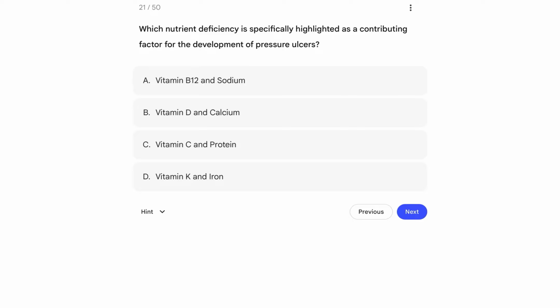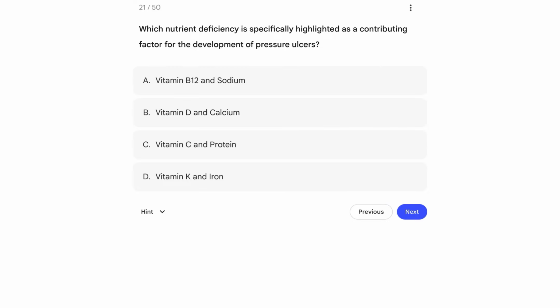Vitamin C and protein. So, vitamin B12 and sodium is needed when? Vitamin B12 is needed in anemia, or if there is a pernicious anemia. Sodium is needed when there is hyponatremia.